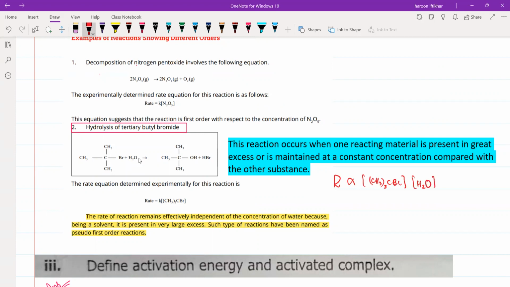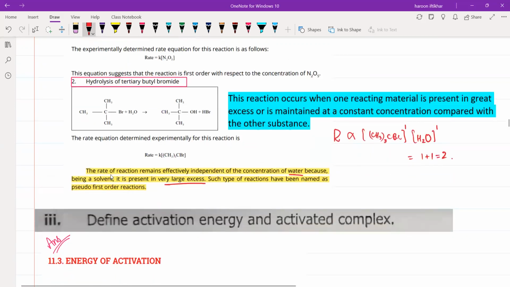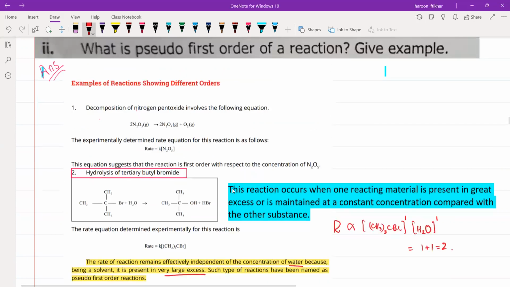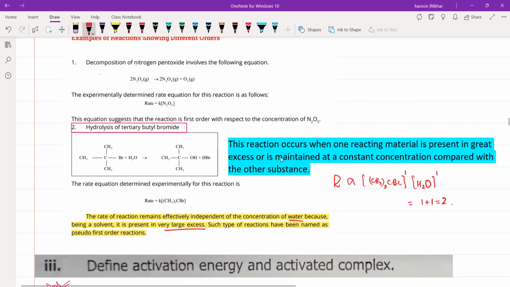If it is not in excess, then 1 here and 1 here, so 1 plus 1 equals 2. But it is not a second order reaction because water is in excess, so rate of reaction remains effectively independent of the concentration of water, because being a solvent it is present in very large excess. Such types of reactions are named pseudo first order reactions. So you can give the example and you can write the definition.